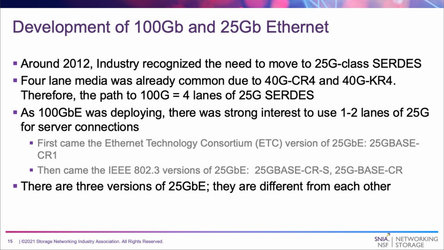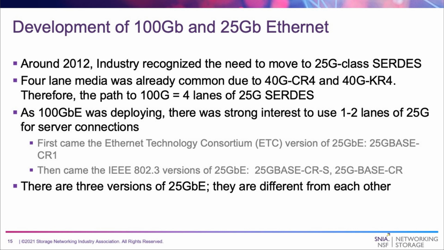This really started in 2012 when industry recognized the need to move from 10 gig per lane class SerDes to 25 gig per lane SerDes. 4-lane media was already common because we had 40 gig CR4 and 40G KR4. We already had these 4-lane interconnects. Therefore, there was a logical path to 100 gig by taking this 4-lane medium and increasing the rate from 10 gig per lane to 25 gig per lane using 25 gig SerDes.